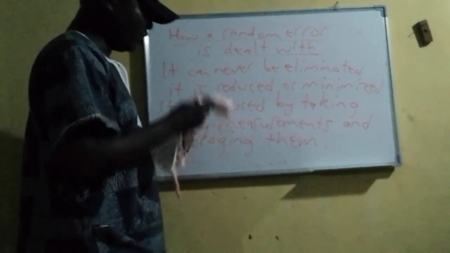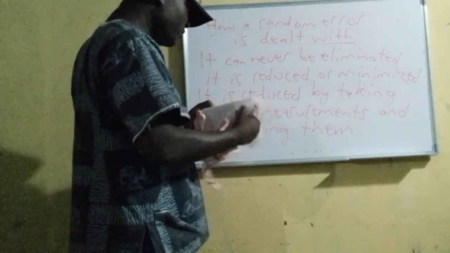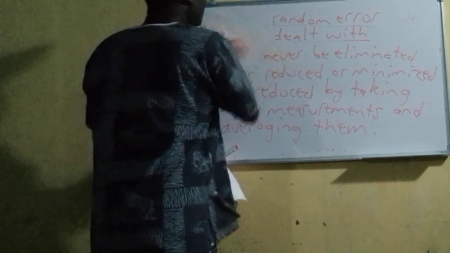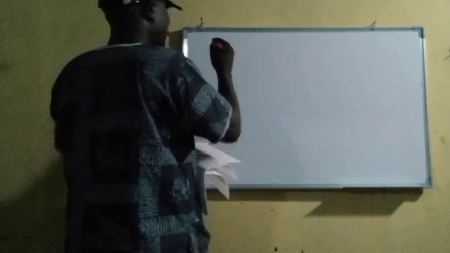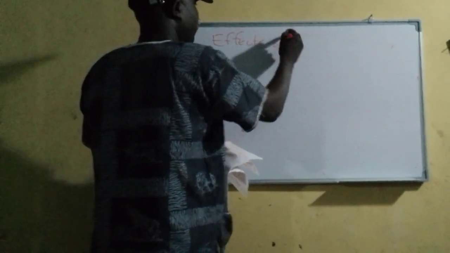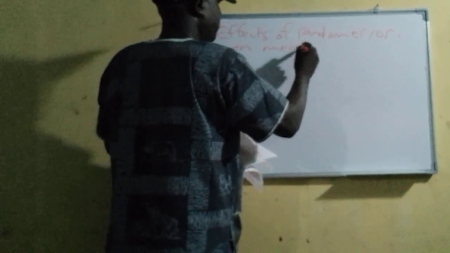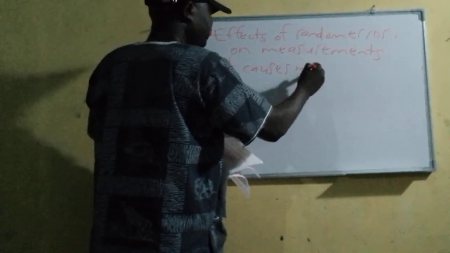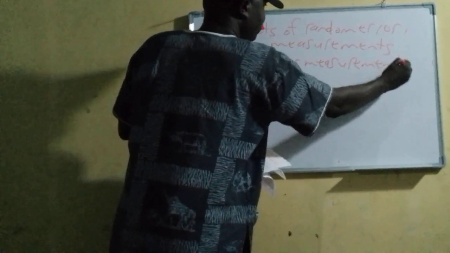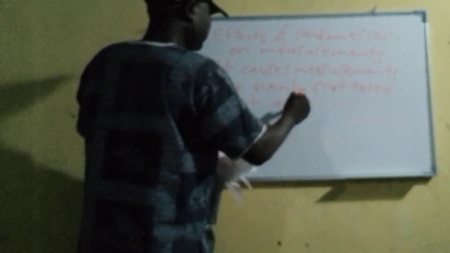Now, effects of random error on measurements. It is important that we also consider the effects of random error on measurements. It causes measurements to be evenly scattered about a true value.